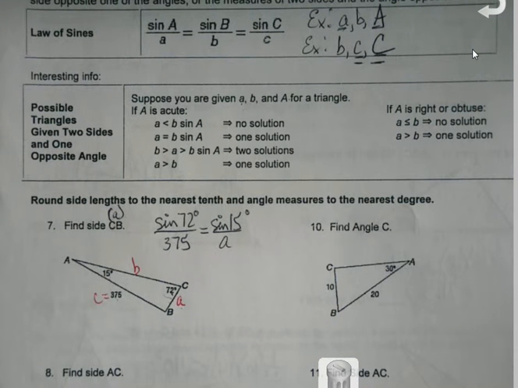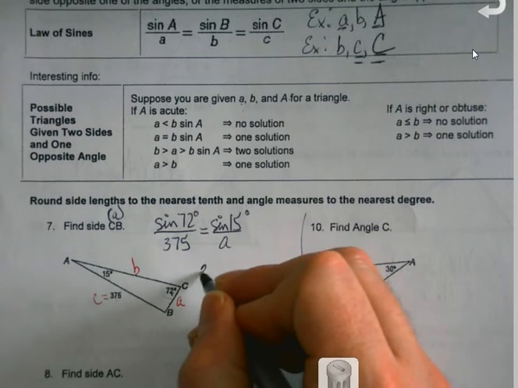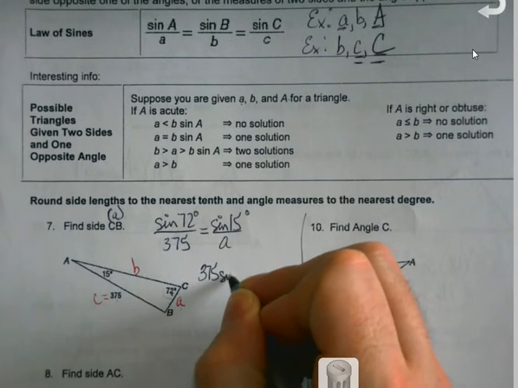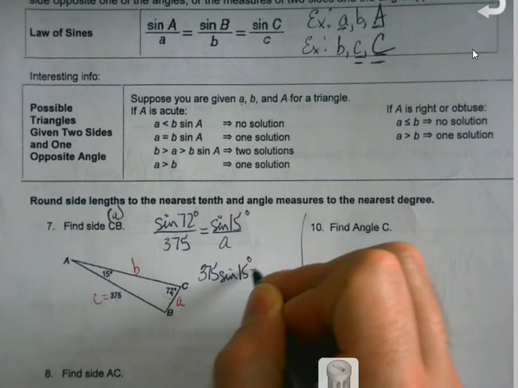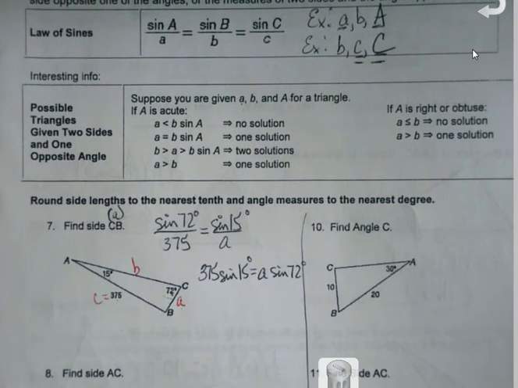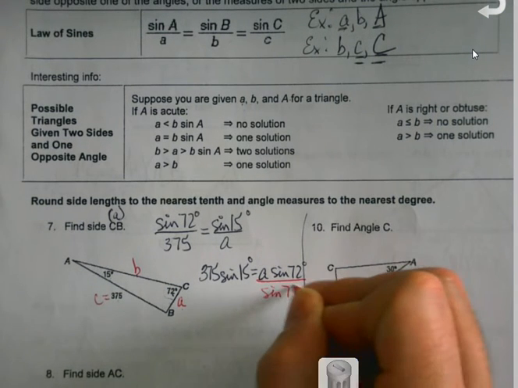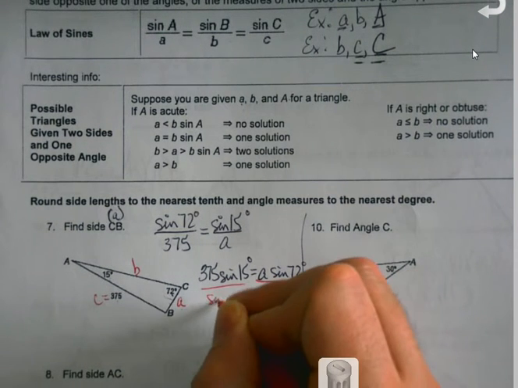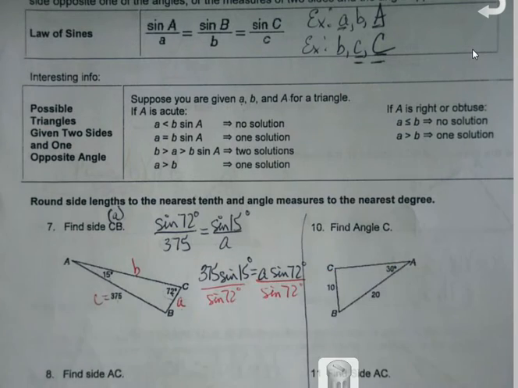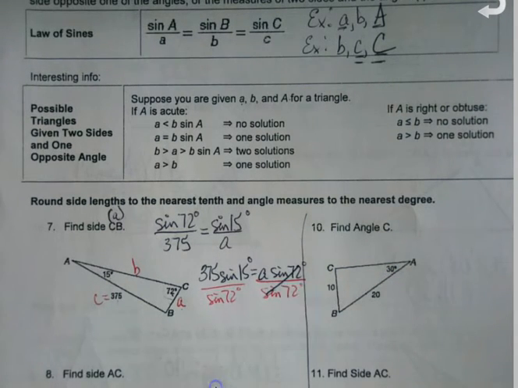So what I normally will do here, and I'll let you see it worked fully out this first time, is I cross multiply and then I just solve for A, which in this case would be dividing by the sine of 72. And then I just crank that into the calculator.